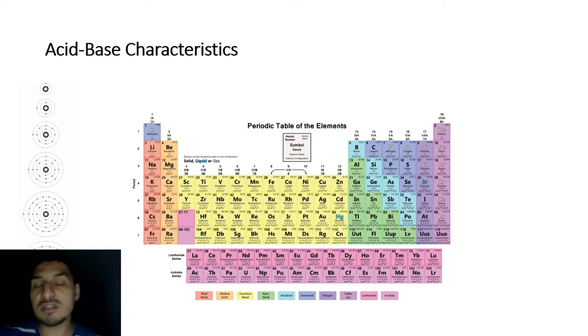First, because of the distance that's very big between the electron and the nucleus. The second is the huge number of electrons that are present between the outermost electron and the nucleus, and this of course forms some sort of repulsion with this electron and makes it easier to get rid of it.